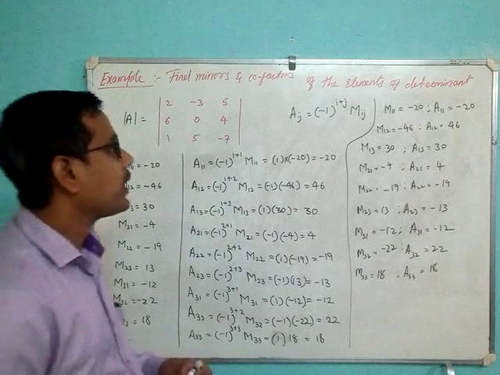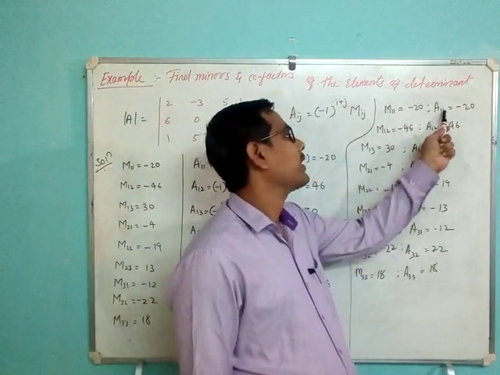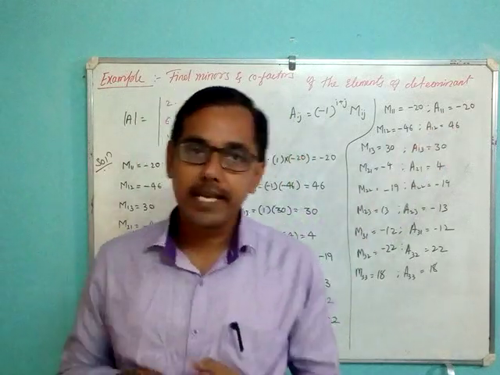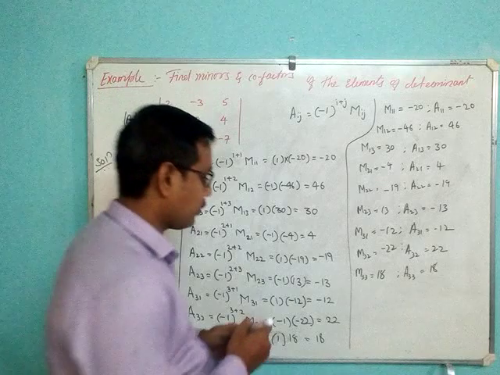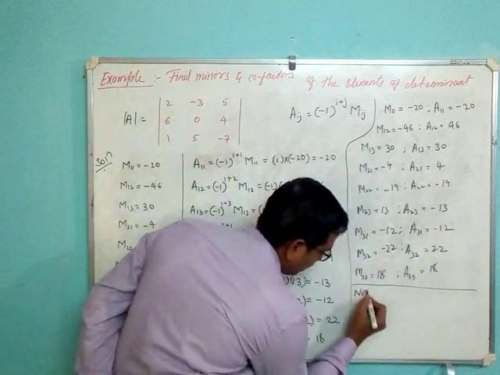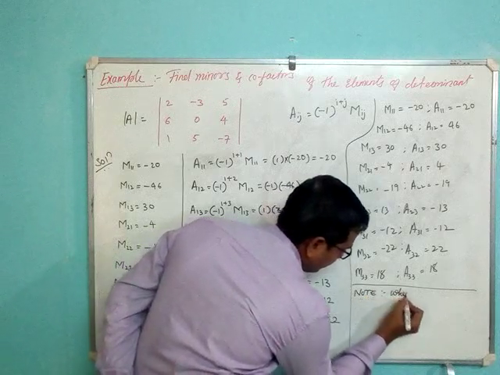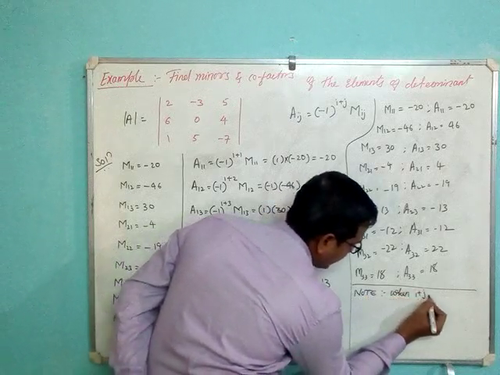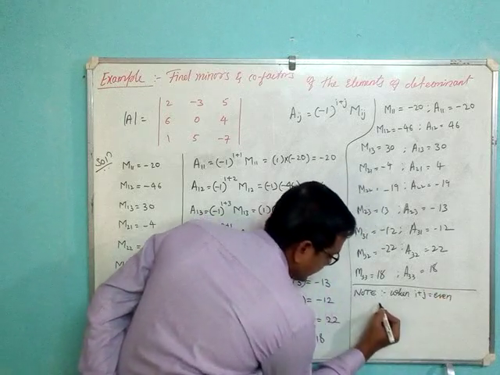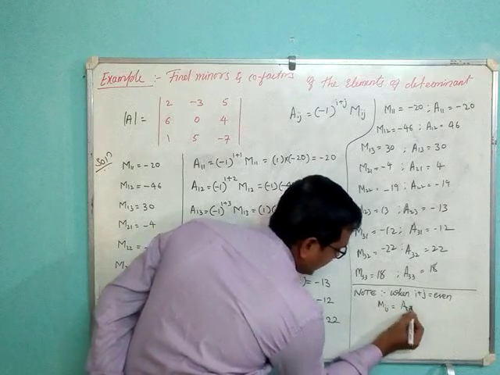So what you should observe here is when the sum I plus j is even, right? So you can make down the note. When I plus j is even, then Mij is equal to Aij.